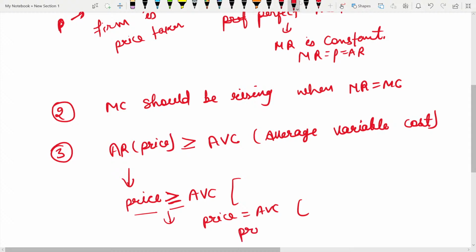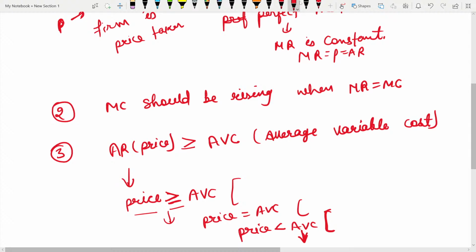But if price is less than AVC, it means that the producer is not able to cover even the variable cost. So it will be a huge loss for the producer. Therefore, the producer doesn't want to operate production, because if price is less than AVC, the producer is not able to cover the variable cost itself.